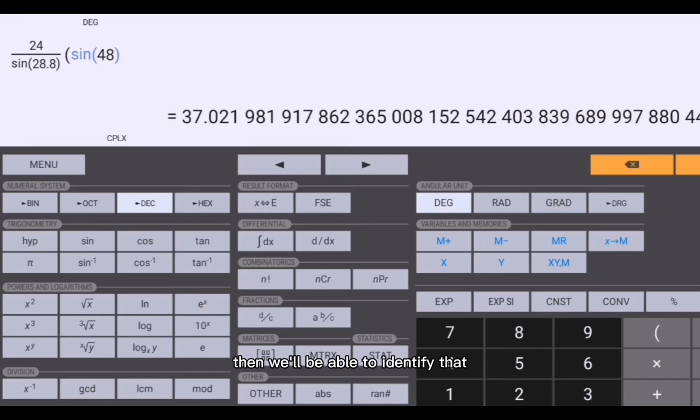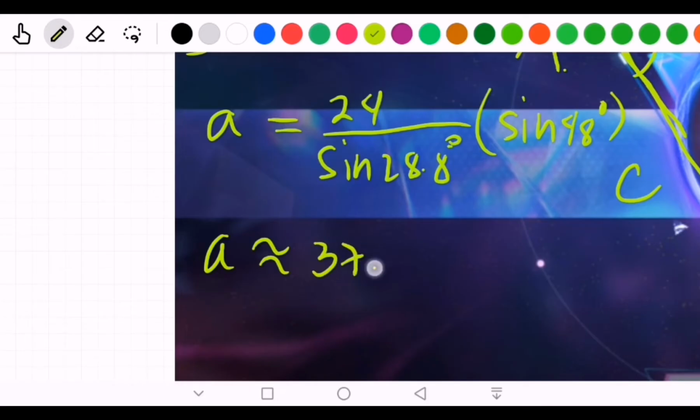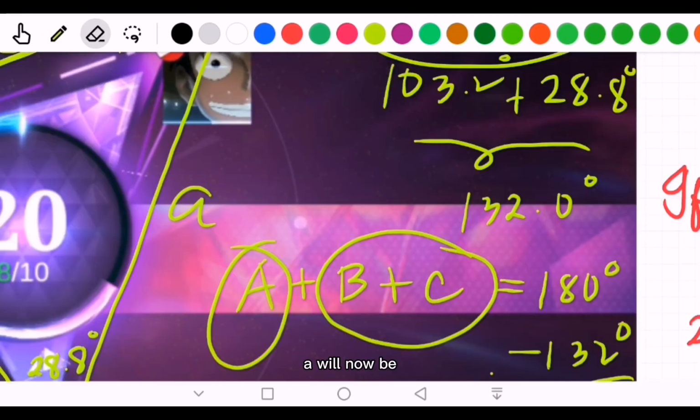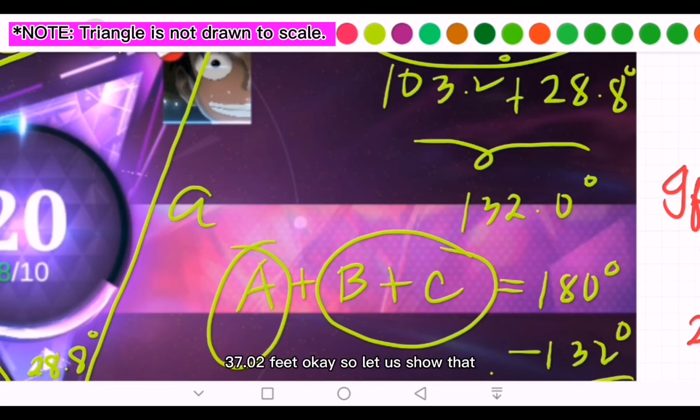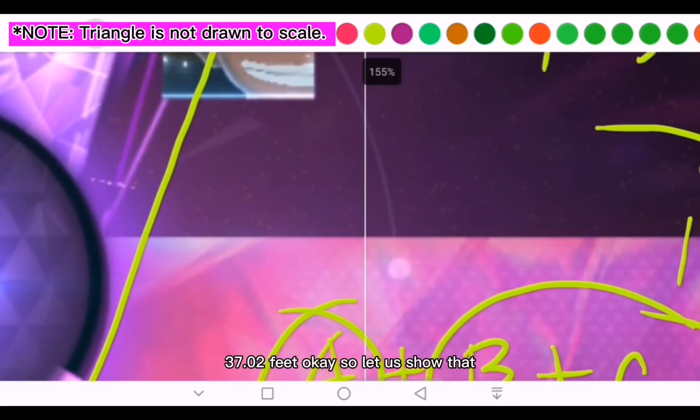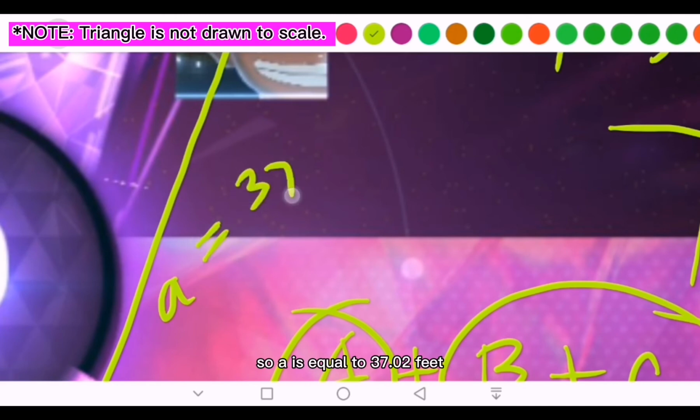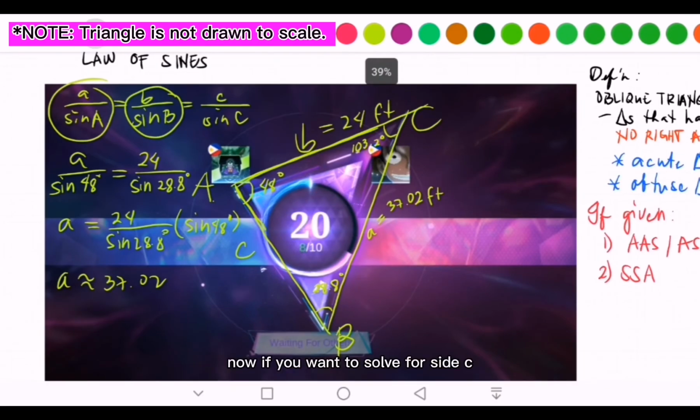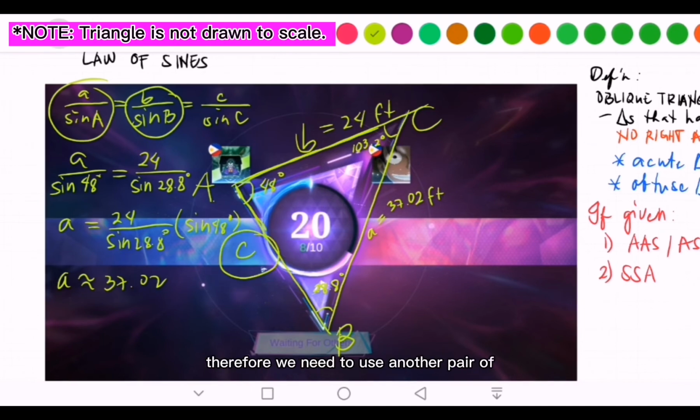Then we identify that the value of side a is 37.021981 and so on. We round it off to the nearest hundredths, so the value of a is approximately equal to 37.02 feet.